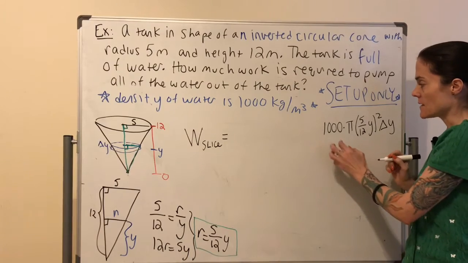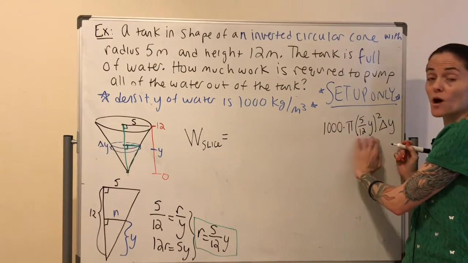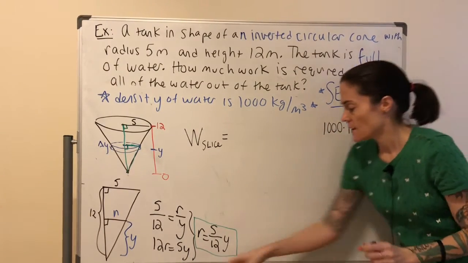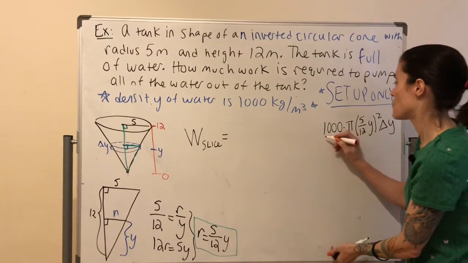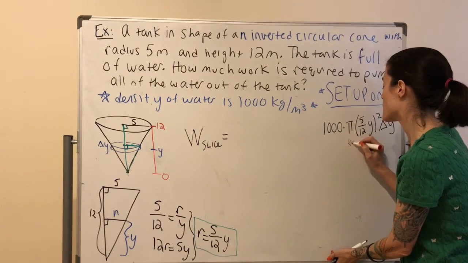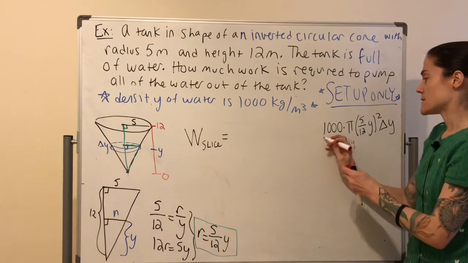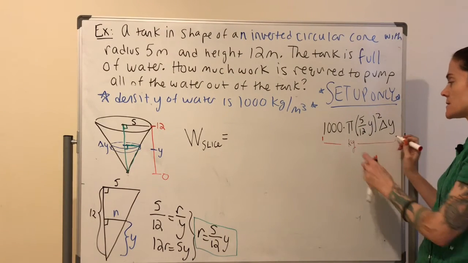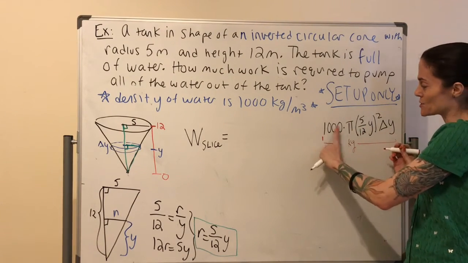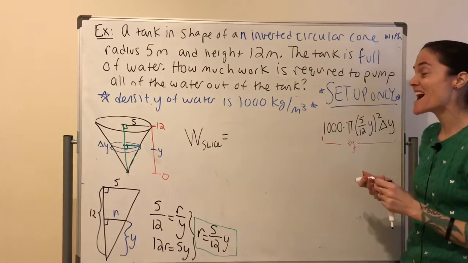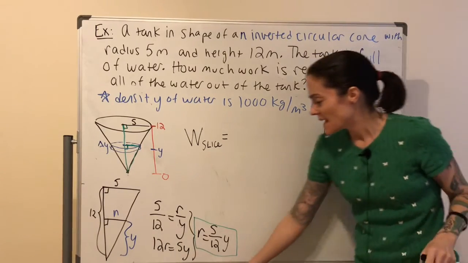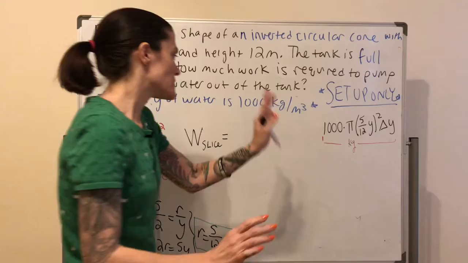And again, this is density times volume. This is a mass. Maybe I will just write that here. So far we have kilograms: kilograms per meters cubed times meters cubed, we have kilograms.